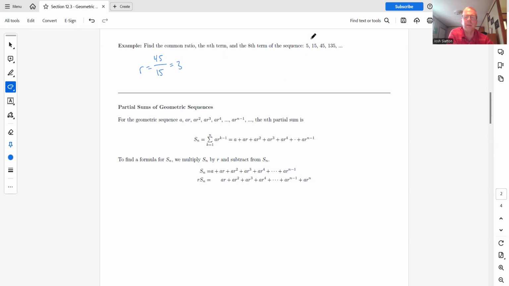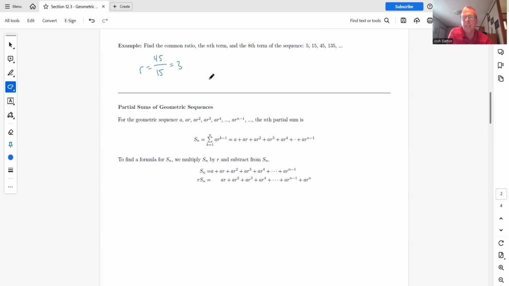In this one, 5 times 3 is 15, 15 times 3 is 45, so on. But it might be harder to tell if your ratio is something like 5/8 and you don't start at 1, then it might be a little trickier.